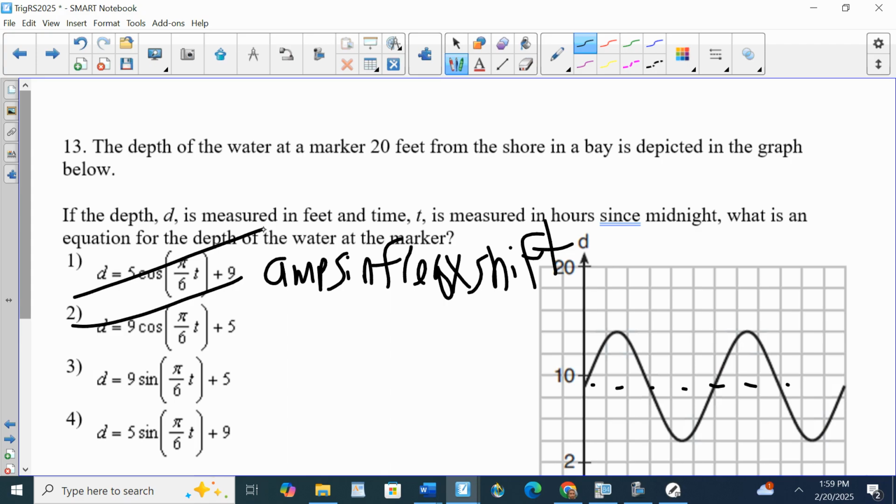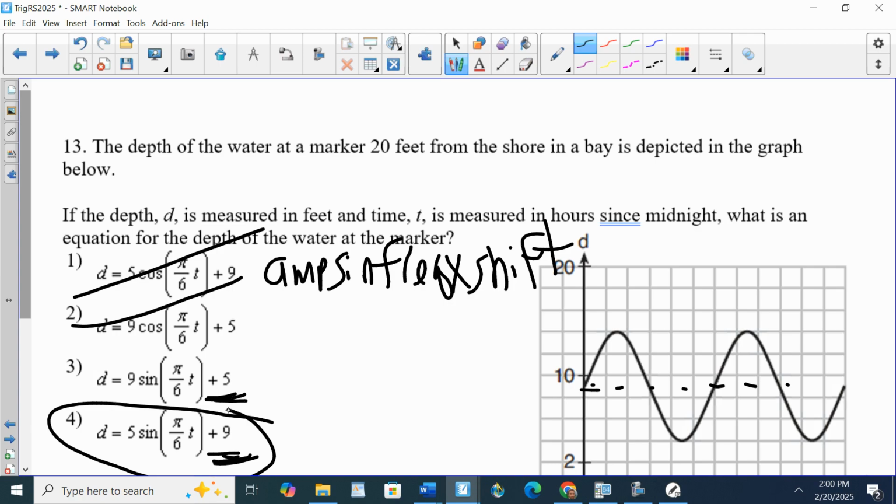Amp, sine, freak X, shift, we can focus on one of those things. The shift is the midline, 5 or 9. It's 9. That's your answer. All right, if it's multiple choice, you can just pick a couple of easy components like the type of wave or the shift or the amplitude, and you should be able to cross out all the choices that are wrong and get your answer from there.